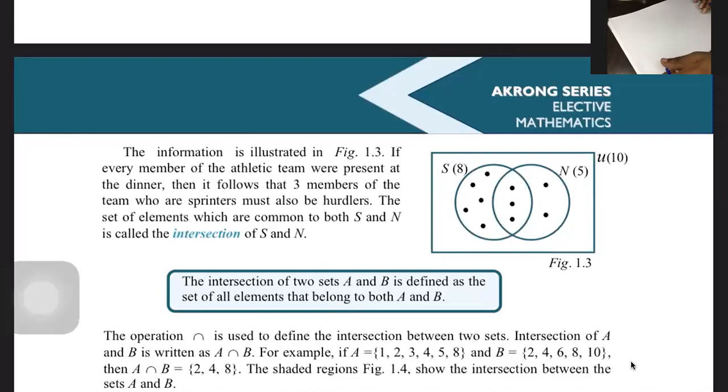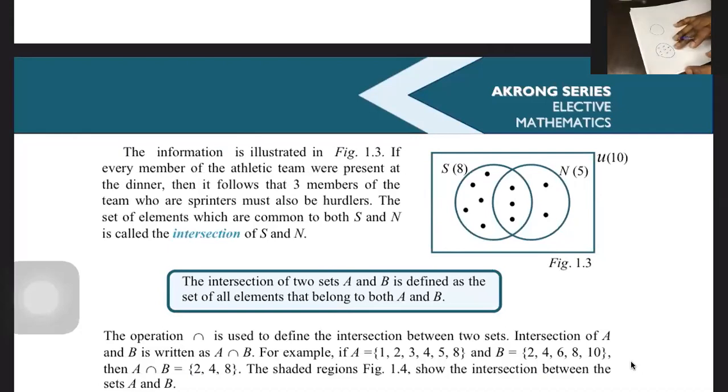So this is it. I am writing on the other screen. I take this as a set, and I take that as a set. Now I'm going to write 1, 2, 3, 4, 5, 6, 7, and 8, the number of athletes that are sprinters.